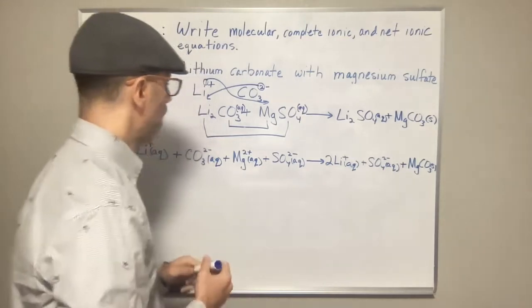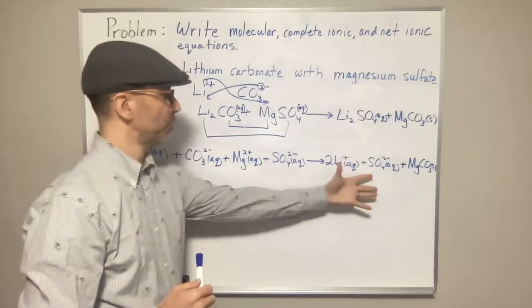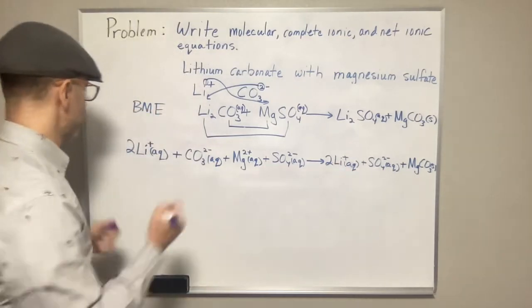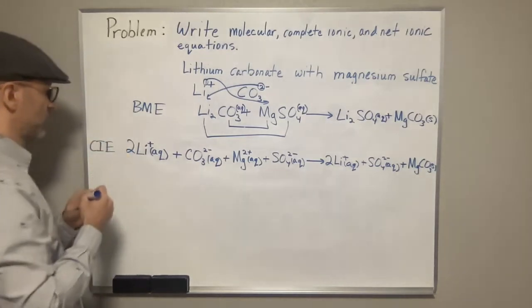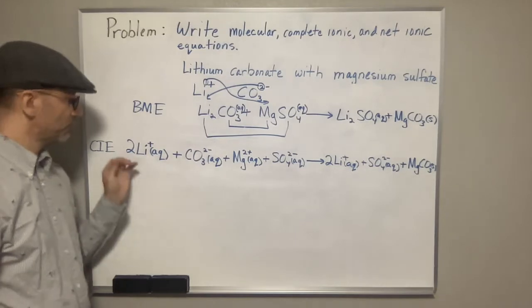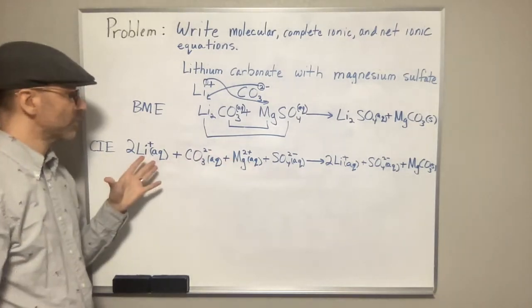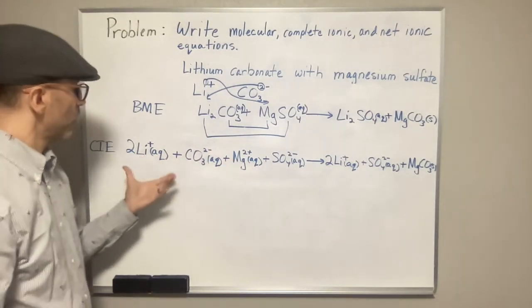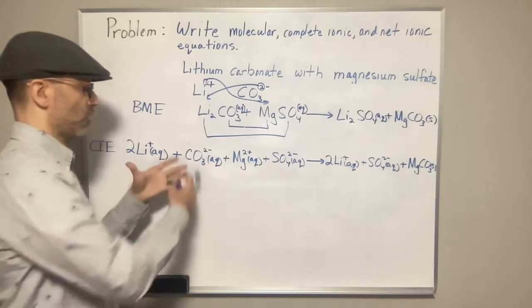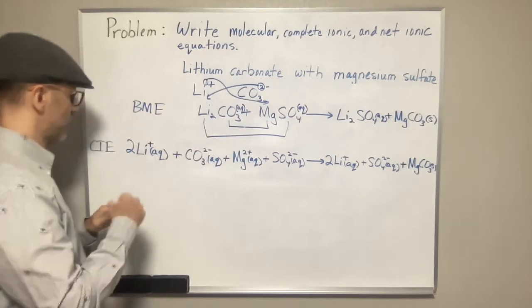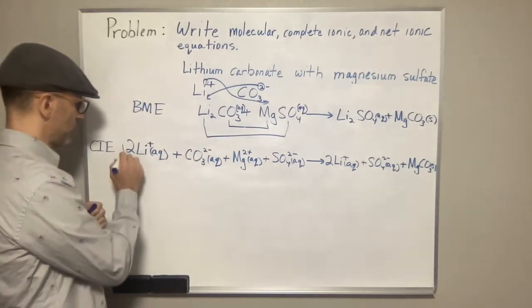Okay. So now we have our complete ionic equation, and everything is balanced. What you see here is before you mix them together, they're separated. You can think of these as two different beakers, right?